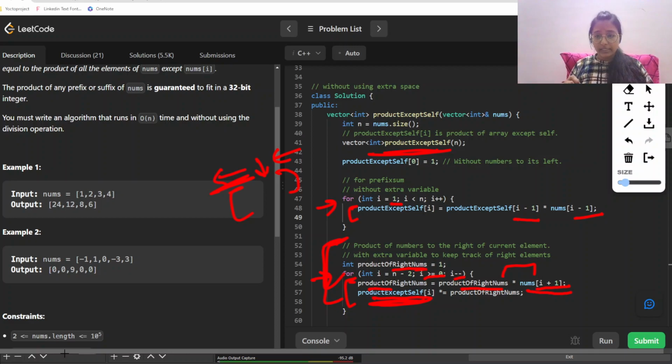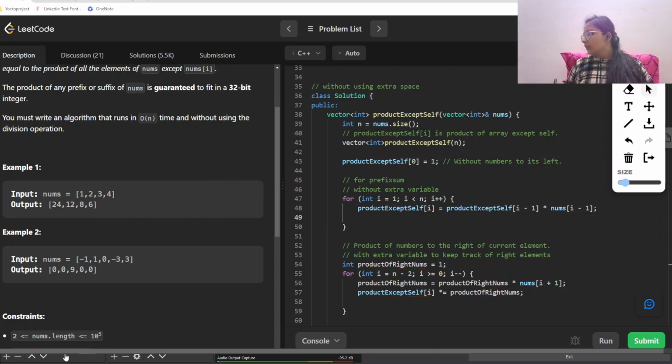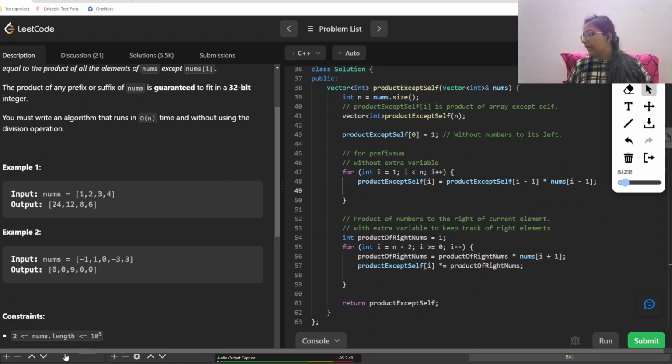At the end we are just returning this vector, which we have after getting all our products from the left array and from the right array.